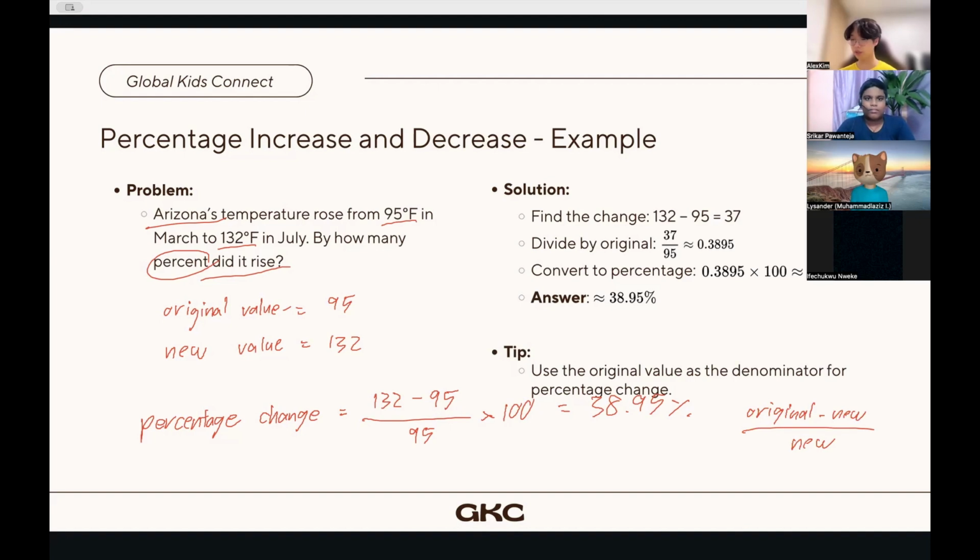Or there are also students that get the numerator correct, so they remember that it is new minus original, but then they get the denominator incorrect. Make sure not to make this mistake and to remember the equation well, so that you don't make any mistakes when solving such questions.